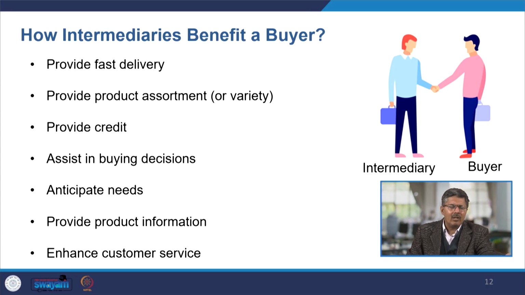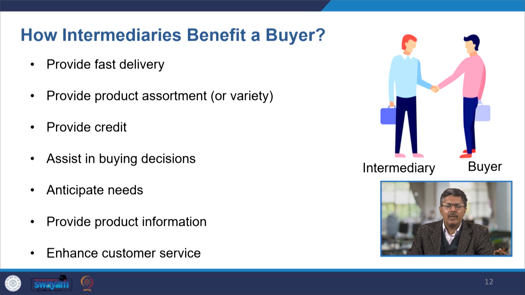But how does the intermediary help the buyer? Now, the buyer is the end customer, right. So, how does the intermediary help the buyer? The buyer gains through the intermediary in the sense that it gets a faster delivery. Now, if the buyer would have waited for the manufacturer, it is possible that the manufacturer has a lot of customers and it may take a lot of time to reach all the customers, right.